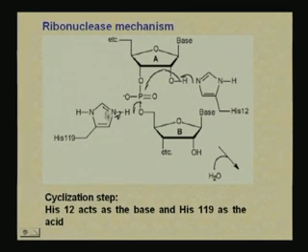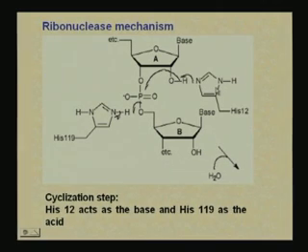Now the protein molecule we know is a long polypeptide chain where we have our histidine 12, this histidine on the right hand side, and we have histidine 119 on the left hand side. Now the first thing that is going to happen is you see this OH, right? This hydrogen is going to be abstracted by histidine 12, not histidine 119.